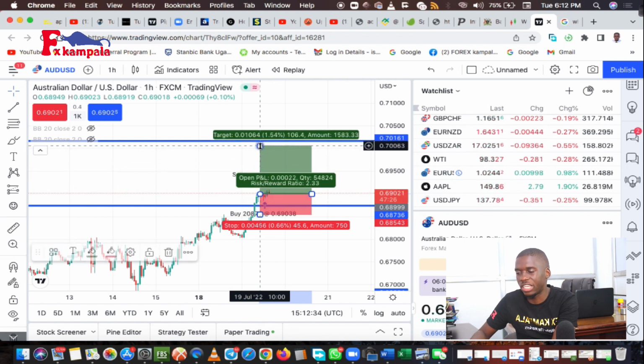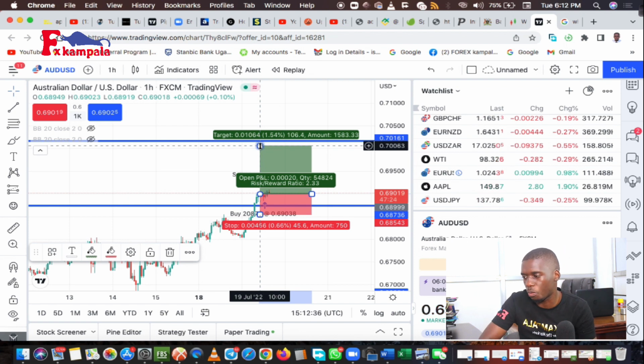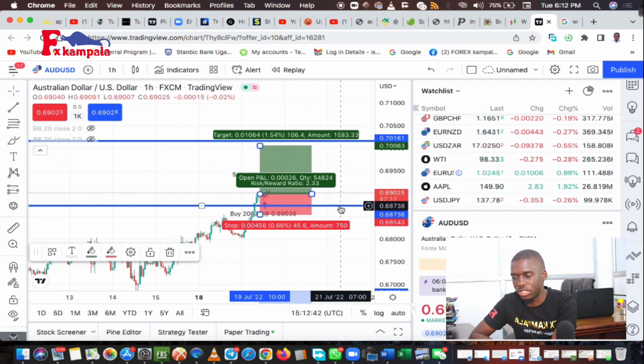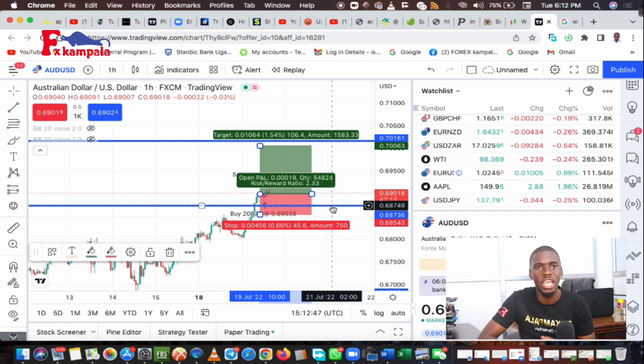Due to this particular strategy, our main aim is to make sure that when we go in for a trade, the market has crossed a certain level of support, like for instance, this was a previous resistance that was broken, and now it's becoming a support. It was a resistance, now it's broken, which then becomes a support level.